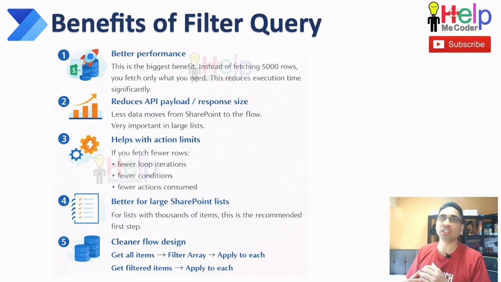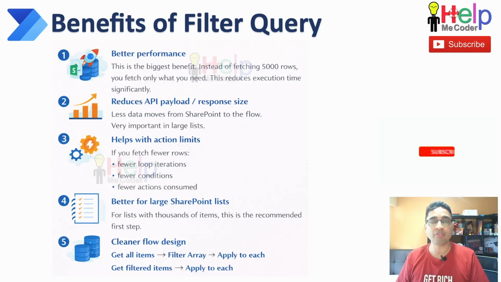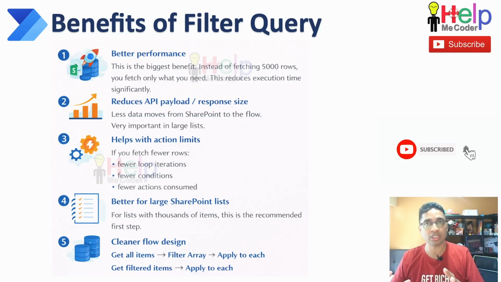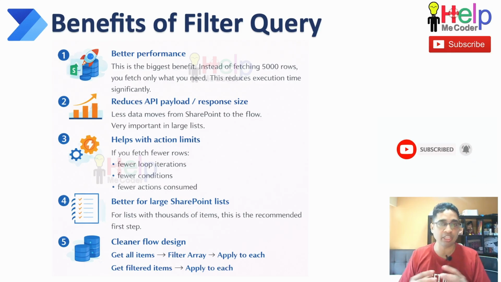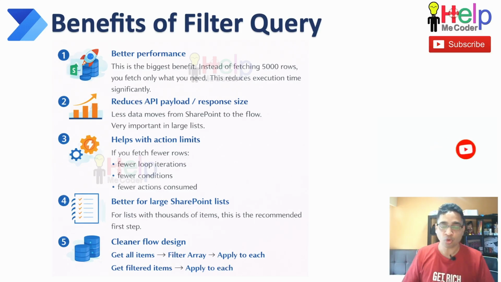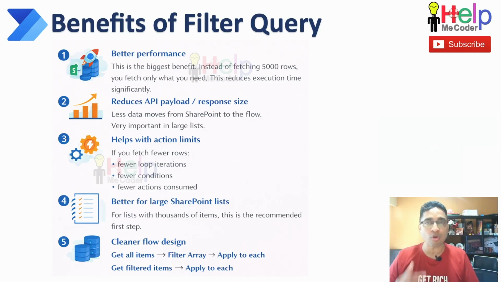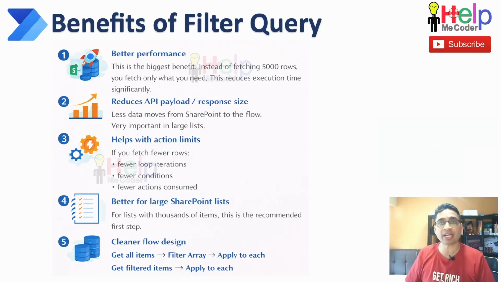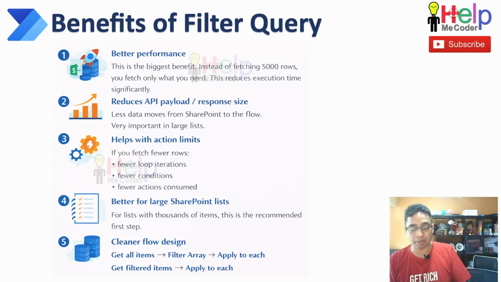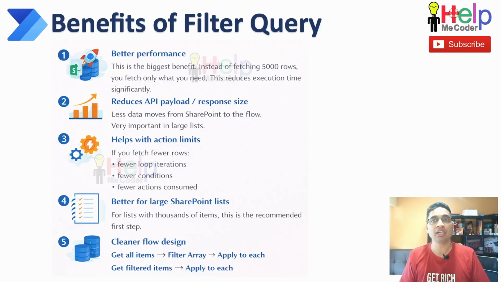Why? Because imagine you are working on a smaller subset of data. Earlier, when we were hitting 500 rows and not using filter query in our example, we were going through apply to each on all 500 rows. Plus, we were also checking inside that apply to each whether the department called finance is available.